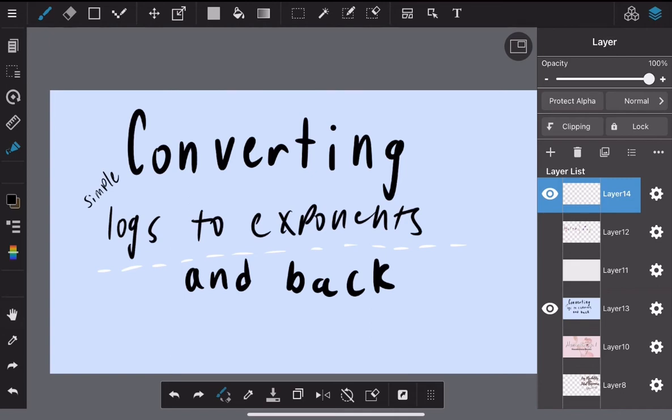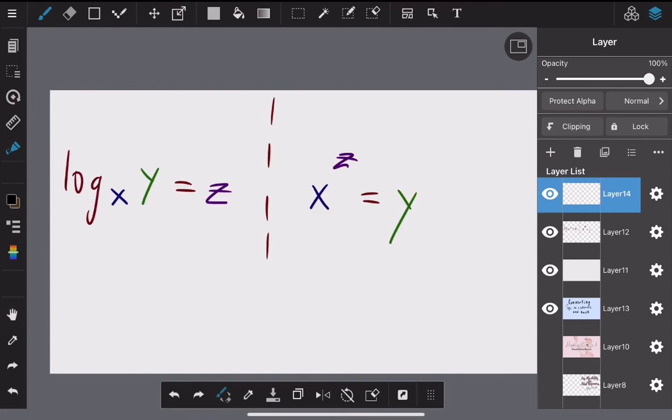So the first thing we're going to do is take a look at some of the similarities between logarithmic equations and exponential equations. First, we're going to look at the position known as the base. The base in a logarithmic equation is right here, that little subscript number next to the log.